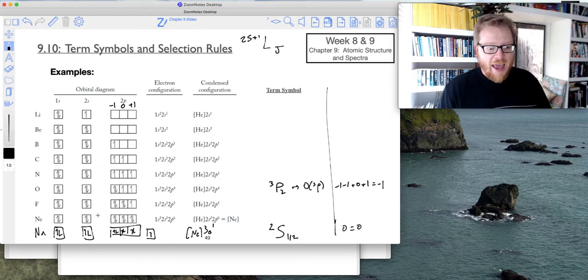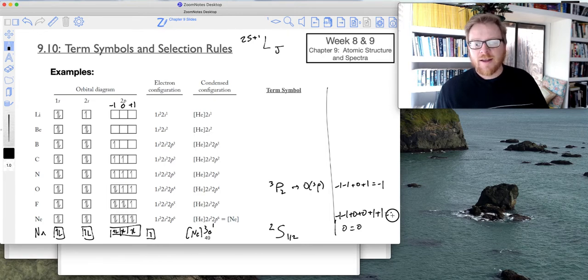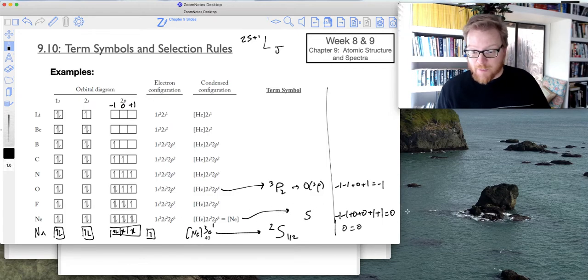And if you don't believe me, we know that this is 0 and this is 0, but if we look at how all of these terms add up, it's going to go -1, plus 0, plus 0, plus 1, and that all equals 0. So I'm going to make sure we note that that's for oxygen, and this one was for sodium. And then for neon, we're going to have a capital S because all those mLs added up to 0.